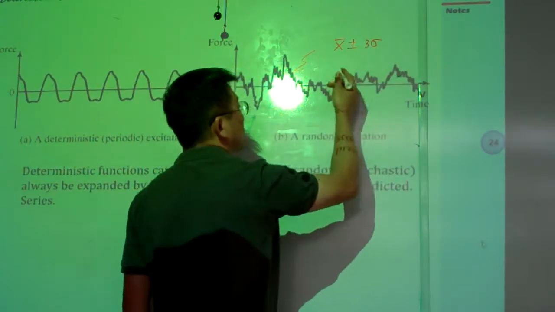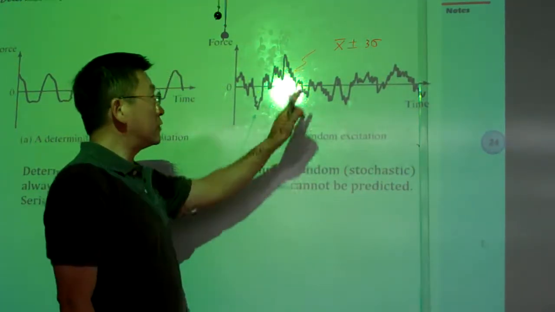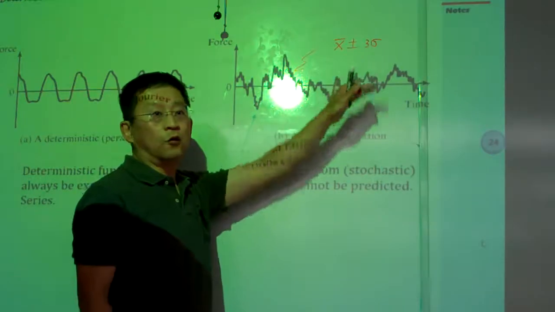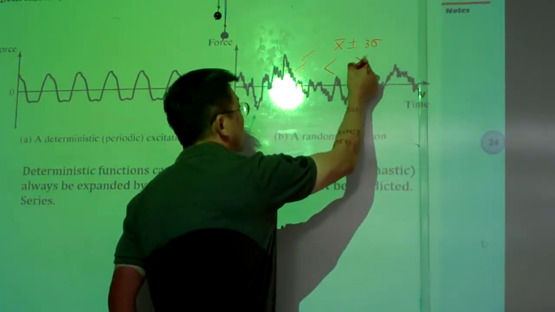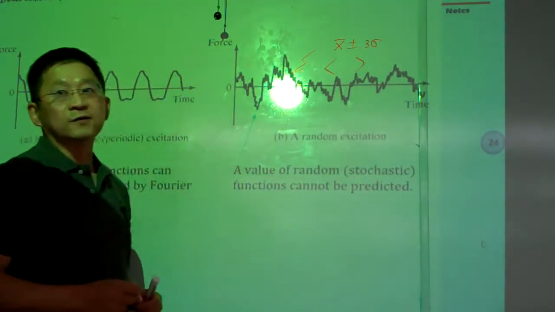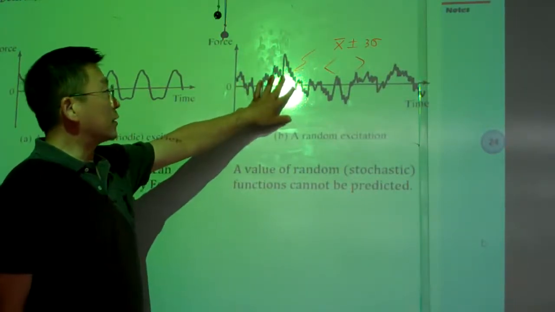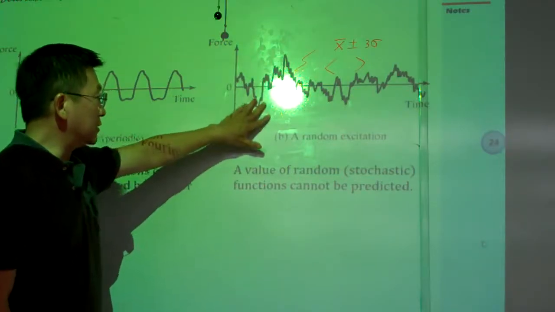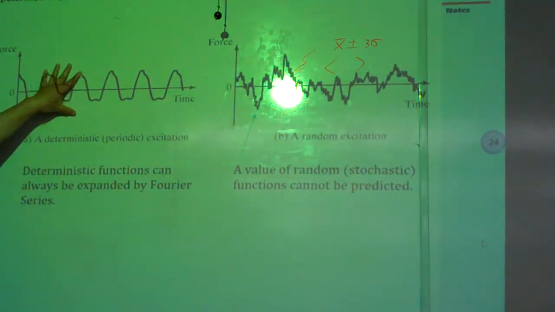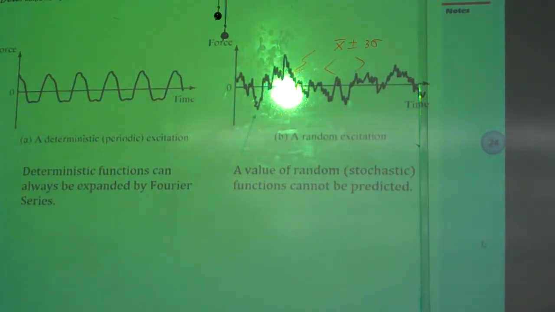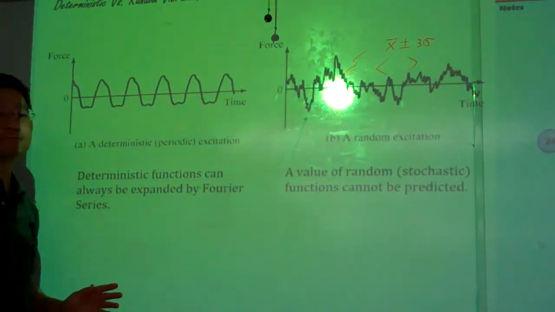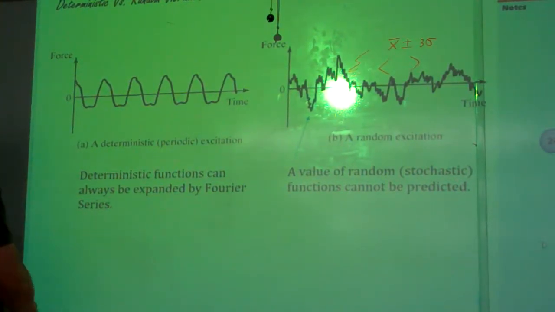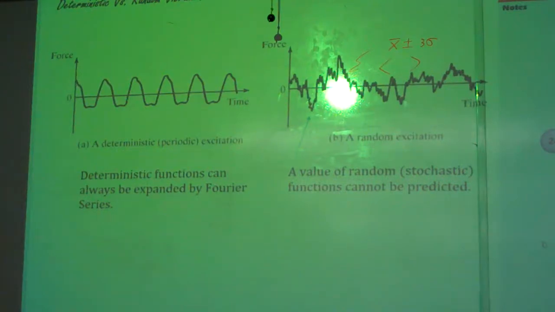Every single parameter will have a similar form. This belongs to more advanced topics, and in this semester we only deal with the deterministic, and no probability theory will be involved. Okay, that is this.